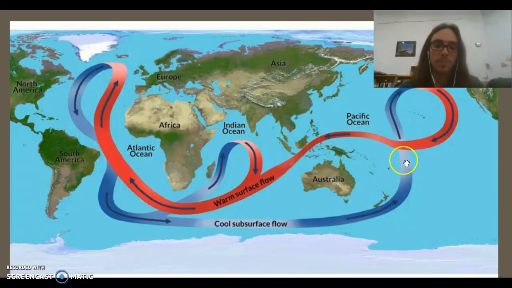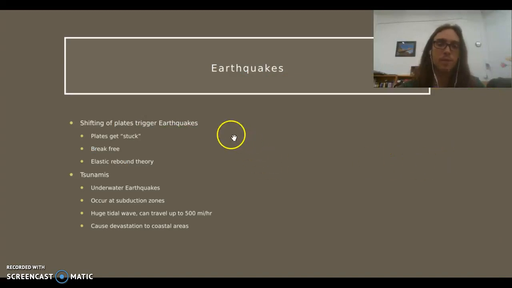All right, so earthquakes. Plate tectonics cause earthquakes. So the shifting of plates triggers earthquakes. They get stuck, which is a very unscientific term. They essentially, like with convergent plates, are hitting each other, and there's this massive buildup of energy. Essentially, at a certain point, one's going to either go under or they're going to smash up.